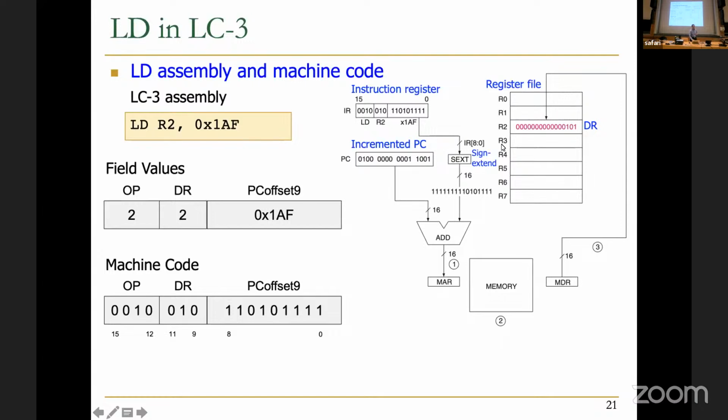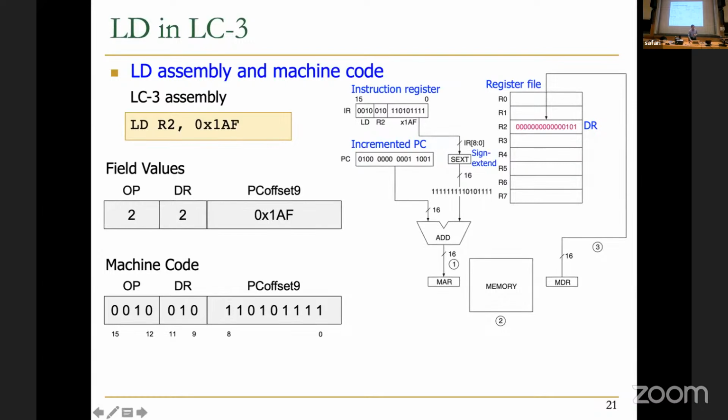You also need elements to make sure the register file is appropriately updated, with the destination register address coming from these bits of the instruction, and a write enable signal generated to make sure that the destination register is written. So you can easily construct the hardware components to execute an instruction if someone throws you an instruction and tells you what it is supposed to do. Again, there's no magic. All of these hardware components we've seen so far.